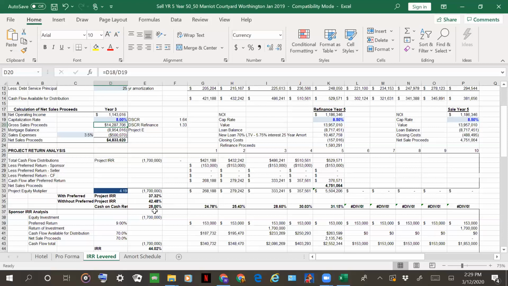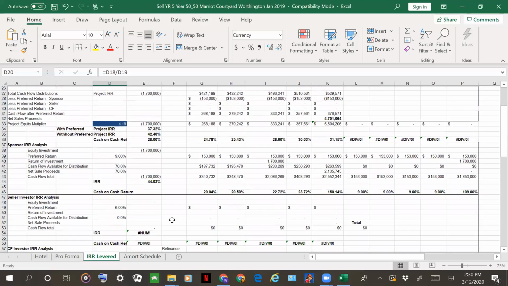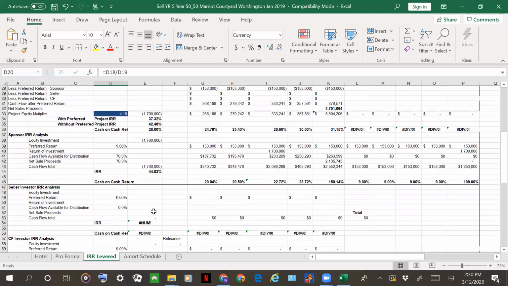Based on cash returns, inclusive of net proceeds versus time value of money at a discounted rate, it would be the average of making 42% on your money over a period of time. Does that make sense? And that's for the project. Now my spreadsheet even breaks out what potential investors can get.